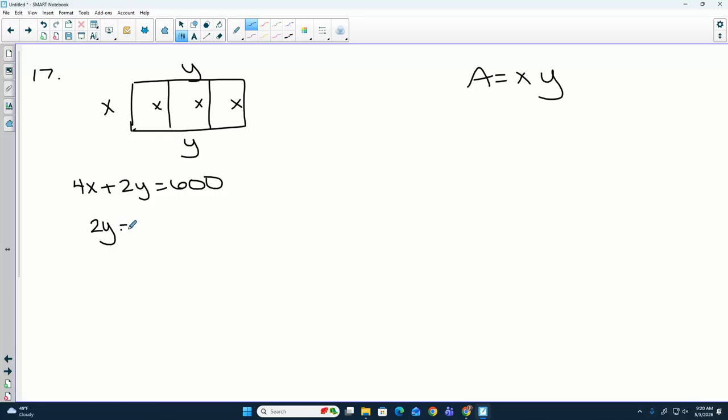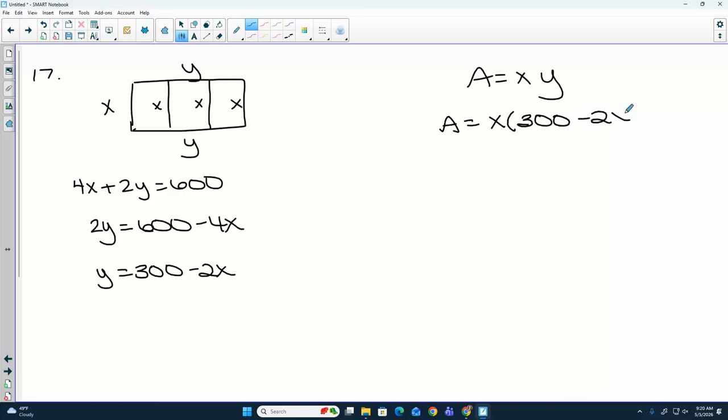Correct anything that you need to on this. Make sure you have everything with the right answers to turn in tomorrow. So if we divide, y has to be 300 minus 2x. So for my area, x times y, which is 300 minus 2x, distribute.